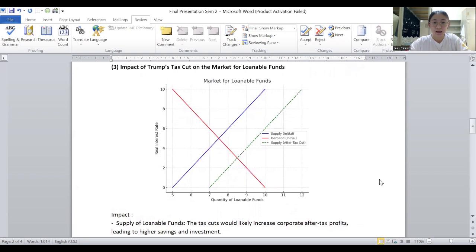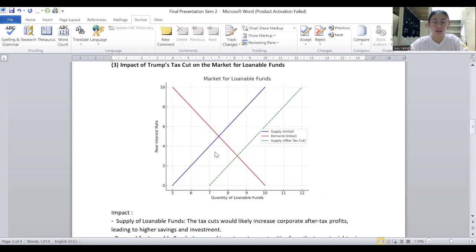So the red line here is the initial demand, and the blue line is the initial supply. After a tax cut, the supply of loanable funds would likely increase, so it will shift to the right side.